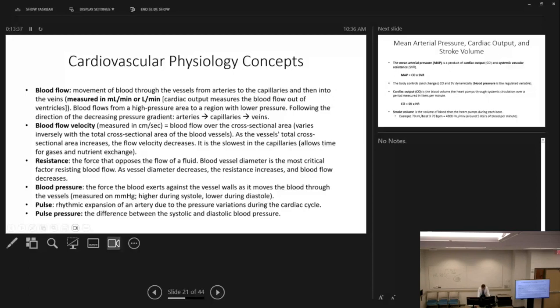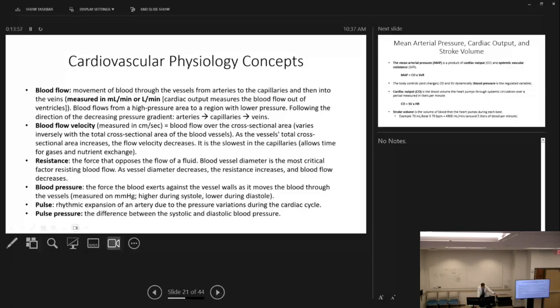When the diameter of the vessel decreases, so we have constriction, the resistance increases, and that will lead to a reduction in the blood flow. We have a smaller opening, so there is going to be a smaller flow.